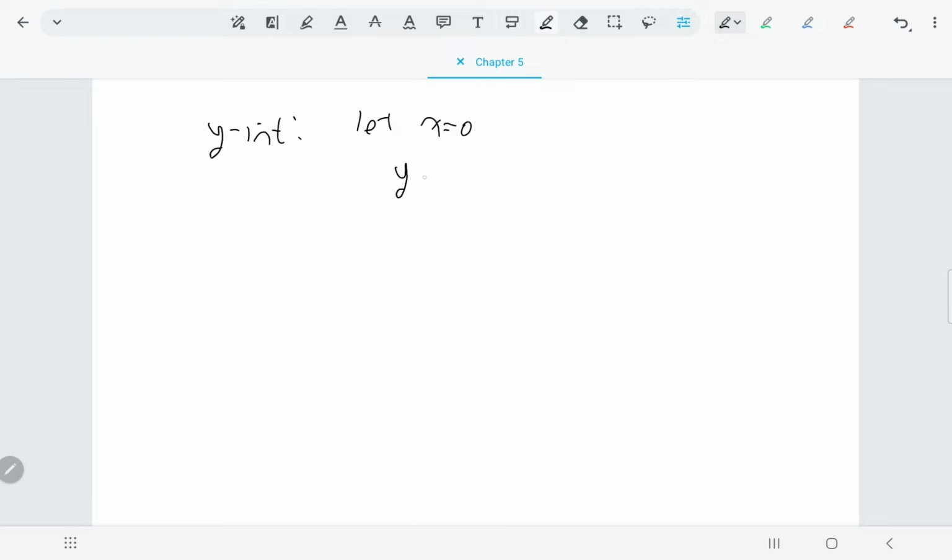And to find the y value, we just need to put 0 into the simplified version of our function. And our y value is 1. So we have the y-intercept at the point 0, 1.